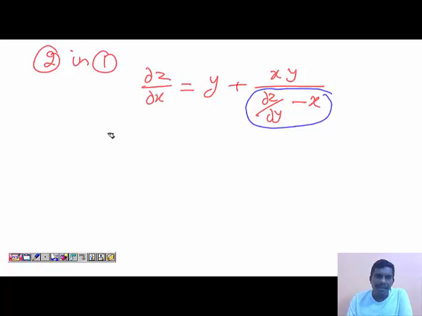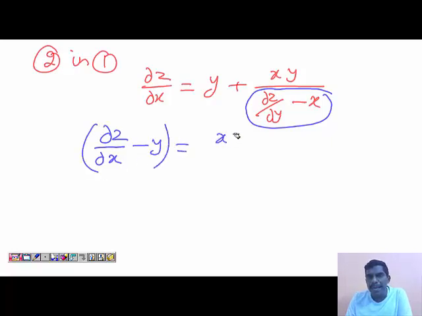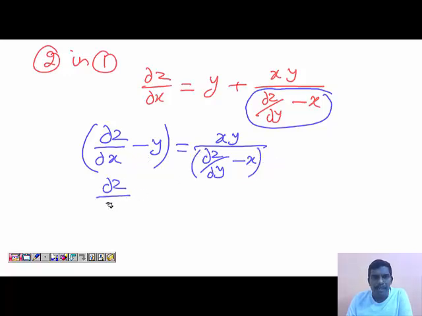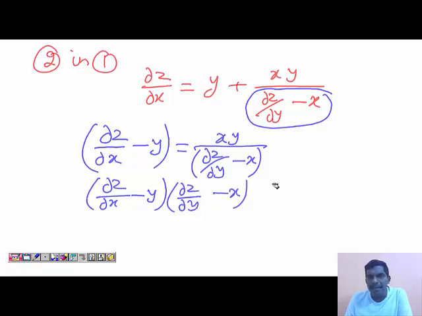Now just simplify or rewrite this equation. Dou z by dou x, y I will transfer to this side, which is equal to xy divided by dou z by dou y minus x. And just cross multiply it. Here it is dou z by dou x minus y into dou z by dou y minus x, which is equal to x into y.